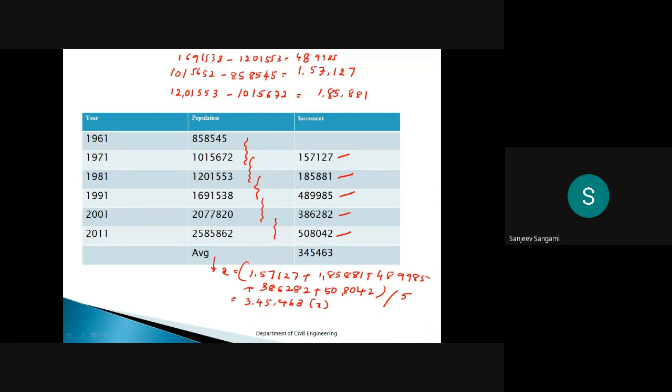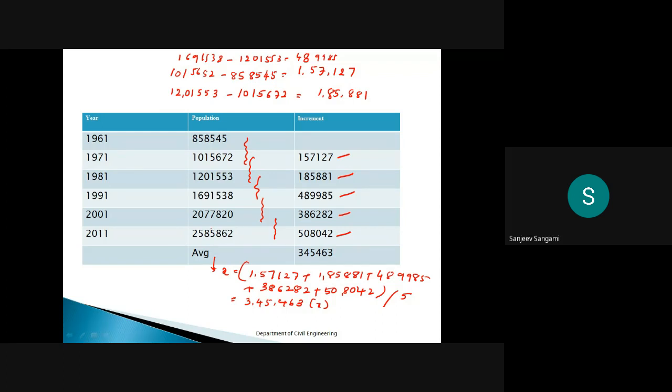A very important thing you always have to remember from the previous problem: here you can see the population is increasing, from 8,58,545 to 10 lakh, to 12 lakh, to 16, 20 and 25 lakhs.